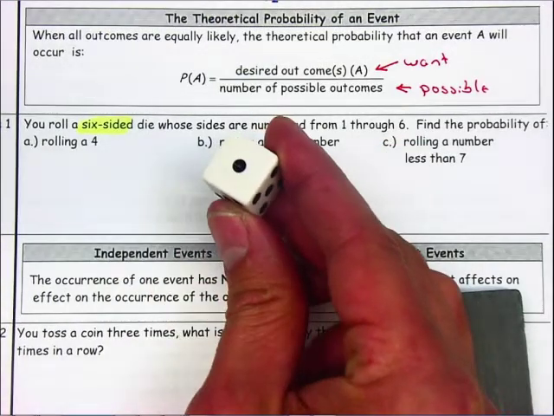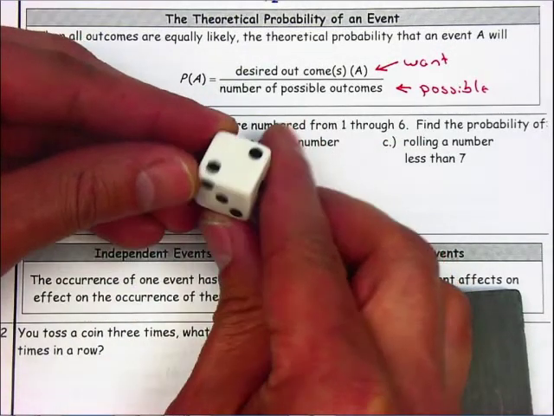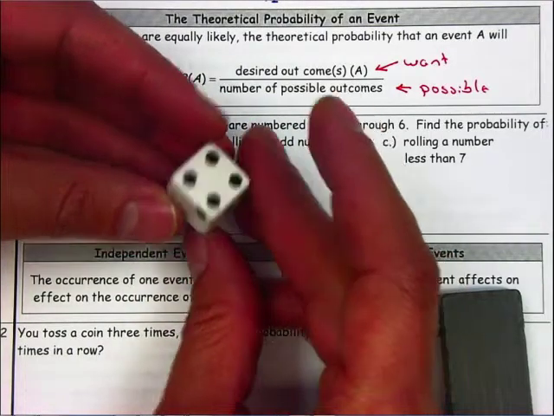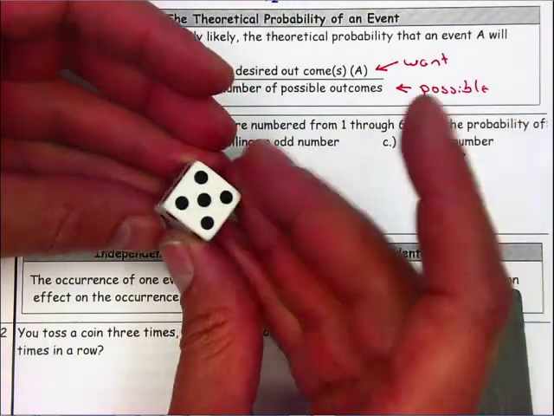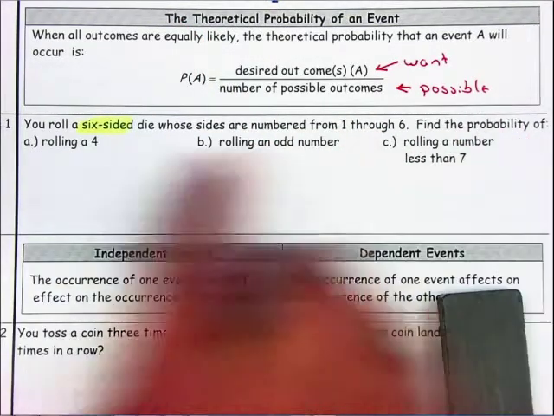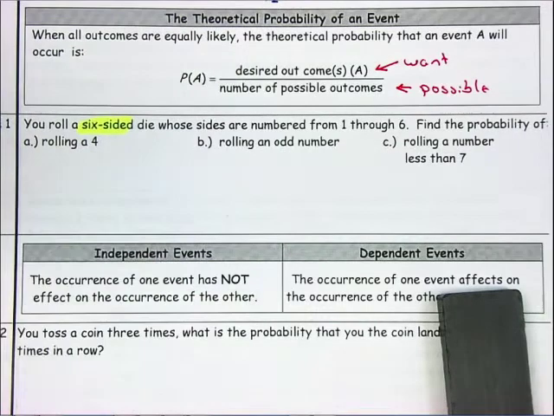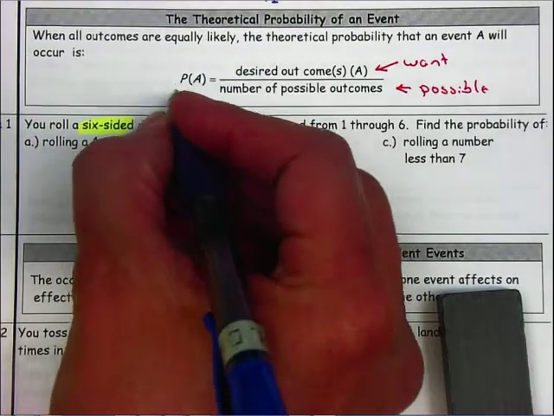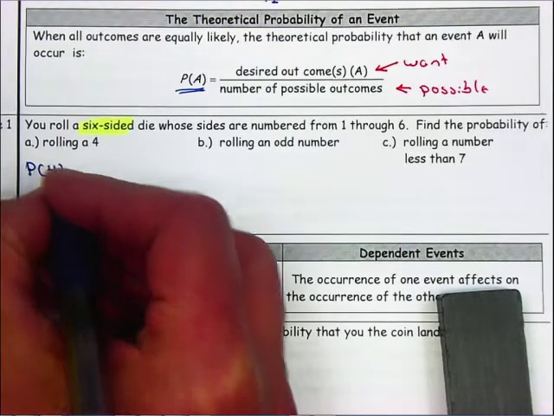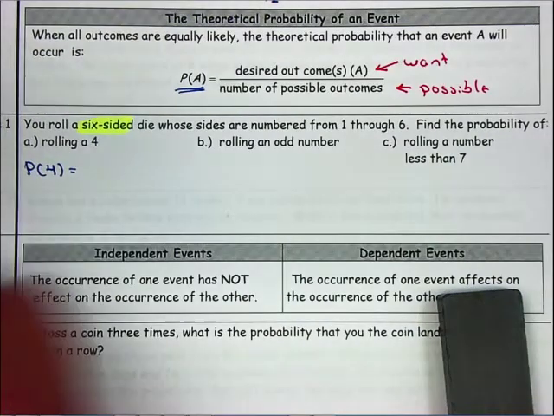We have the number 1, number 2, number 3, number 4, number 5, and number 6. Find the probability of rolling a 4. So the way we're going to place the notation is the probability of rolling a 4. That's what we are looking for.